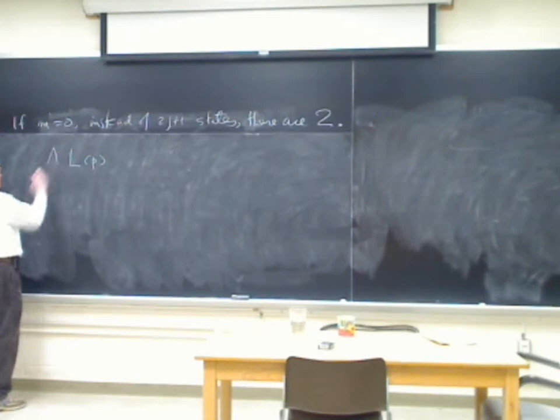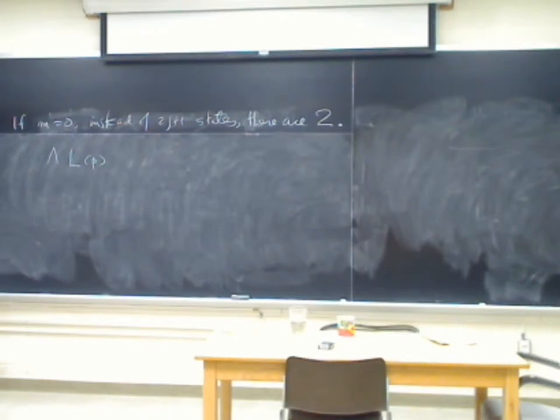Then you make some arbitrary Lorentz transformation on it. Now it has momentum lambda p, and so now you do the inverse Lorentz transformation.